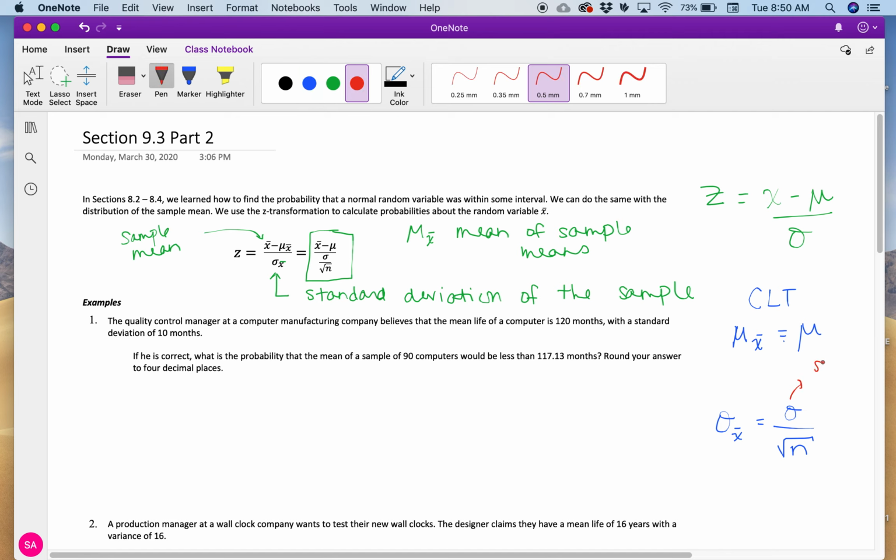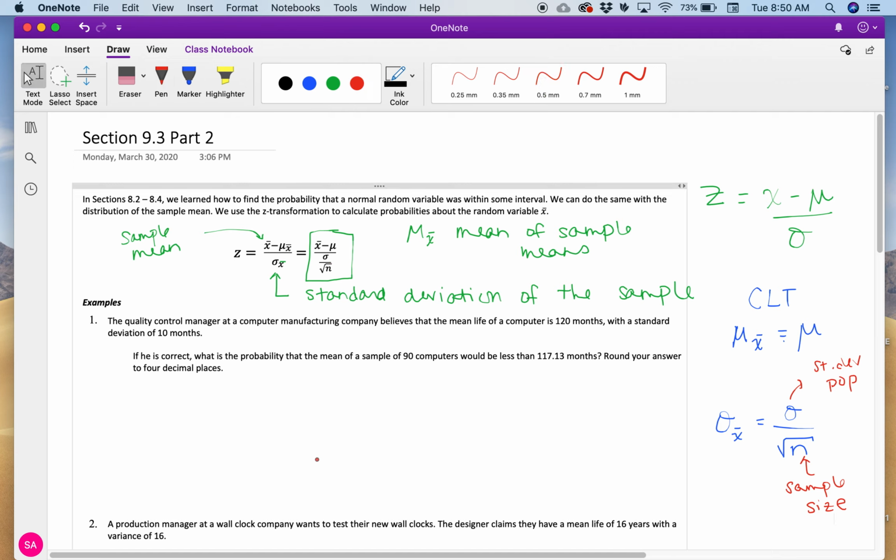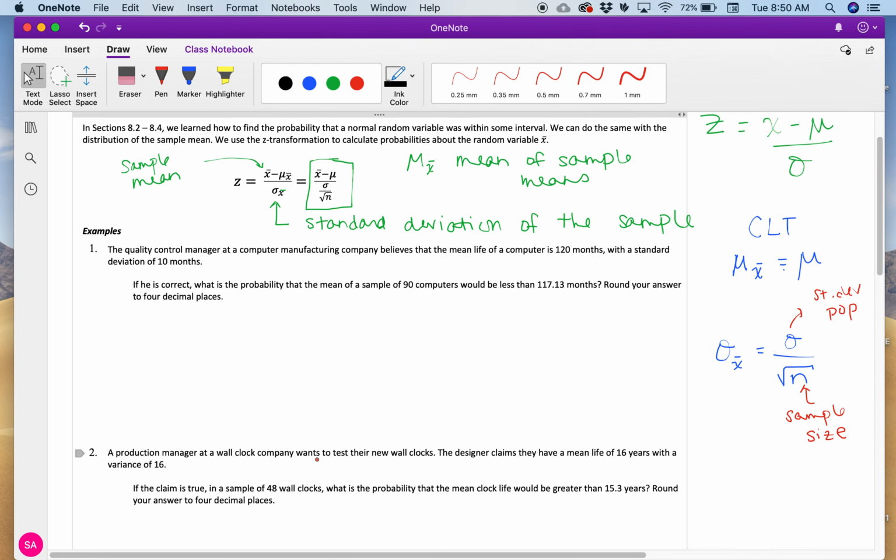So this is the standard deviation of the population, and n is always sample size. So this is what we're going to be working with. We're going to have a sample mean, a population mean, a population standard deviation, and a sample size. And we'll plug and chug. Okay, so let's get started with problem 1.